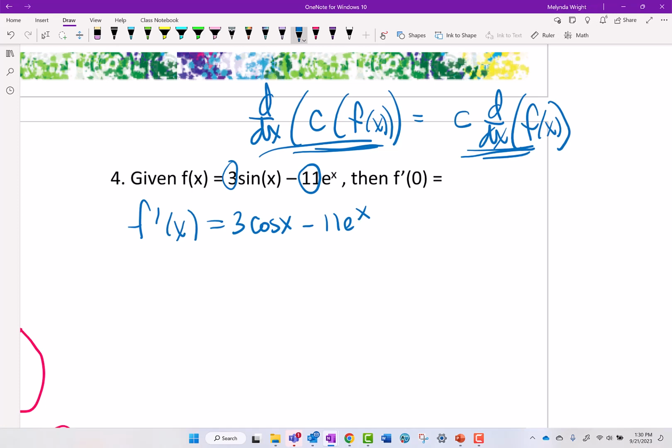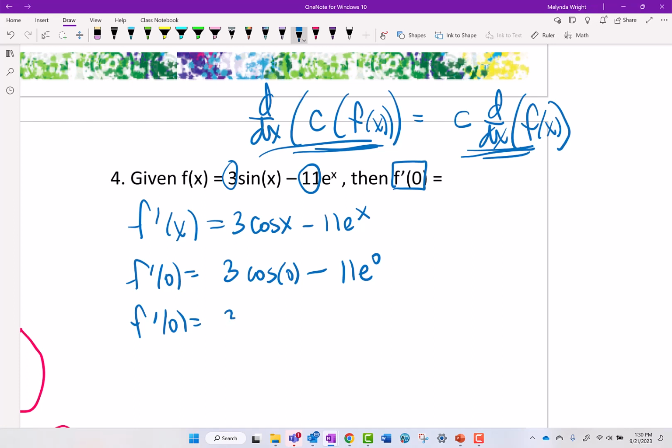Okay? So what they're asking us to do is find f prime of 0. So f prime of 0 equals 3 cosine of 0 minus 11 e to the 0. Okay, we can do that. Cosine of 0, that's the unit circle value, 1.